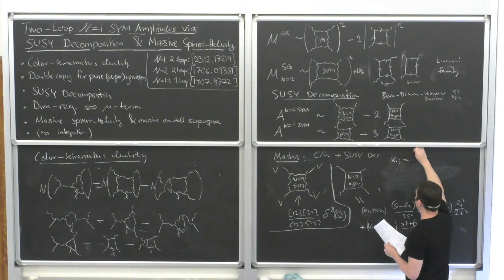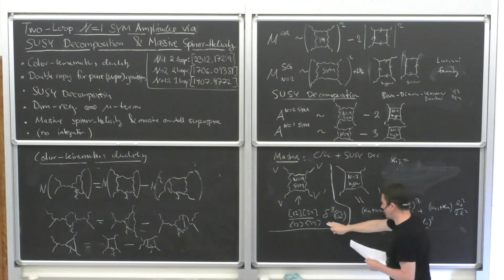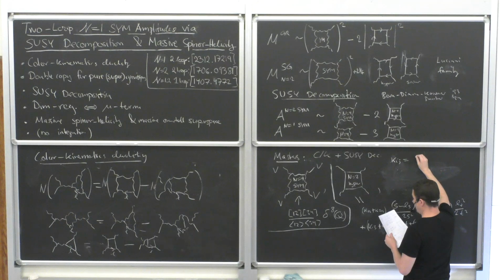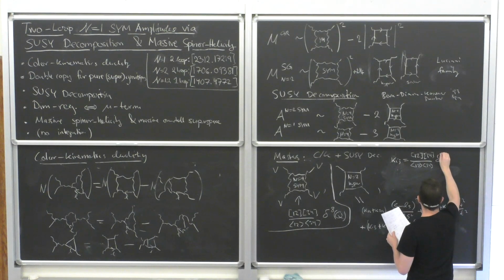And the way I do it is essentially I'm writing down something very similar to this. So let me do it. So it's 1, 2, 3, 4. Again, this is just to get the helicity weights correct. And then I need a supersymmetric delta function.